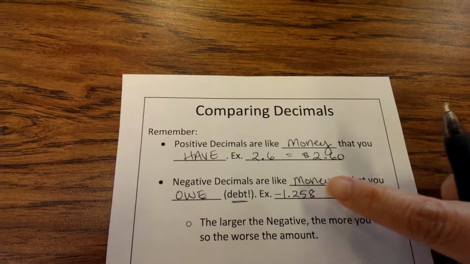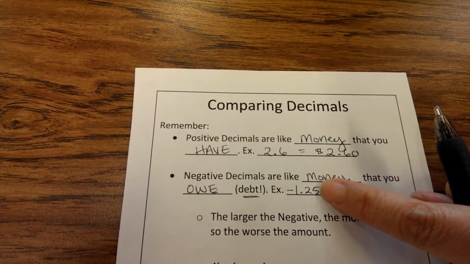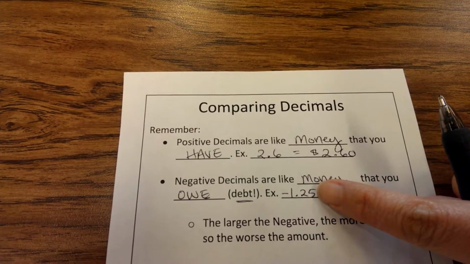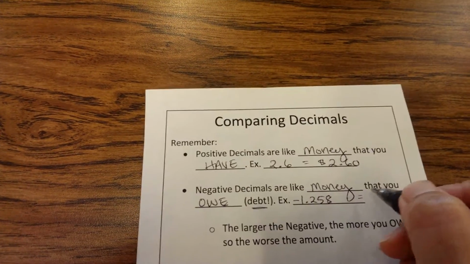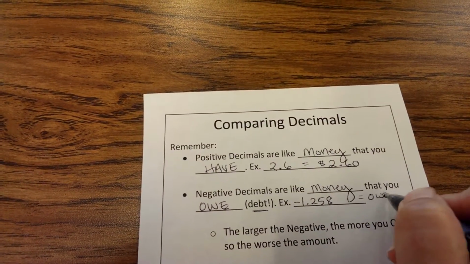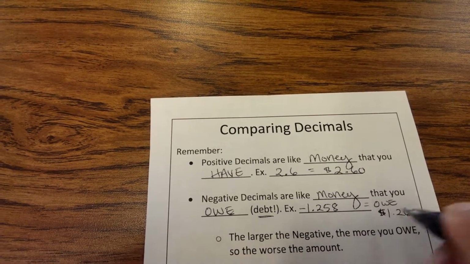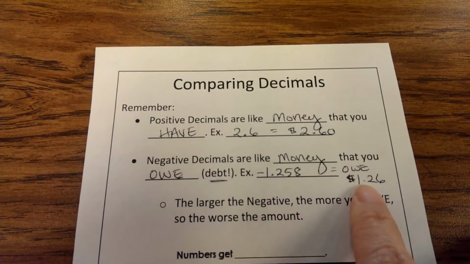Now, in terms of money, money usually stops 2 spaces behind the decimal. So this is kind of like you owe $1.25, but because there's an 8 behind the 5, it bumps the 5 to a 6. So this is similar to you owing $1.26. Okay, so when you have a negative amount, it's like you owe money. So this is like you owe $1.26.